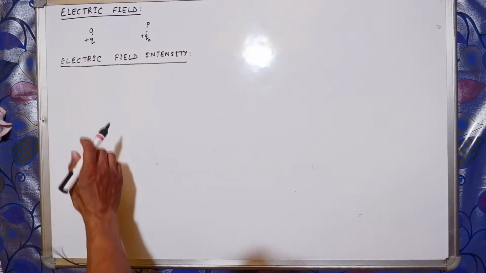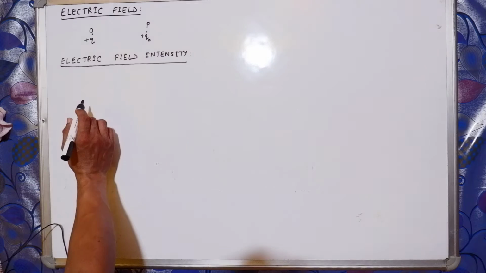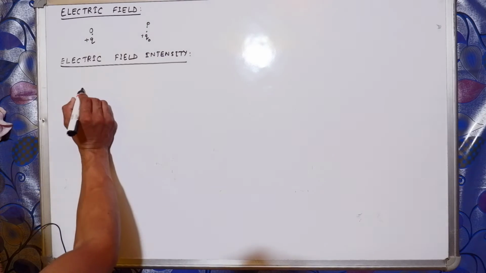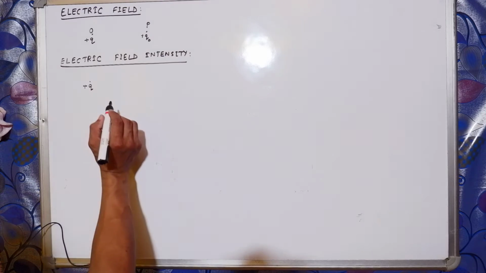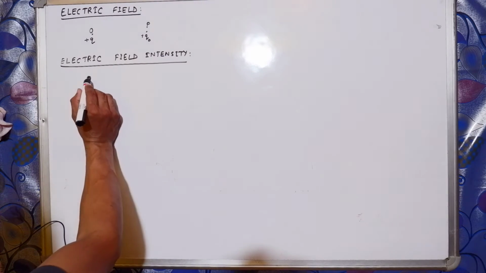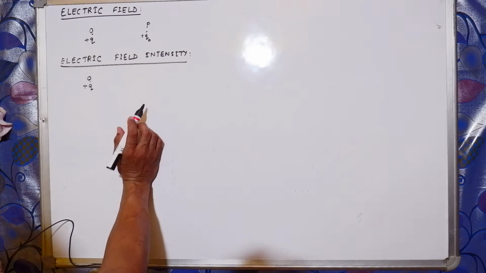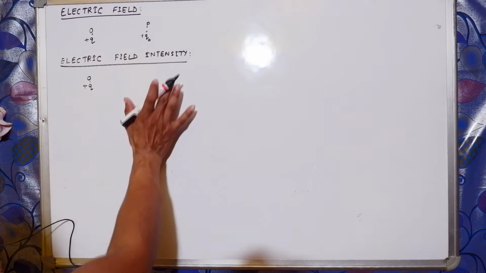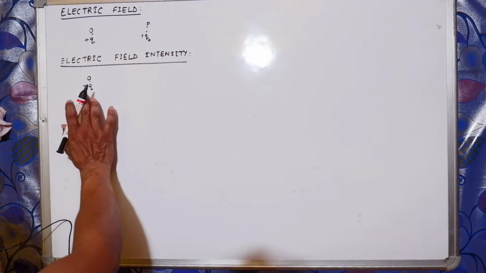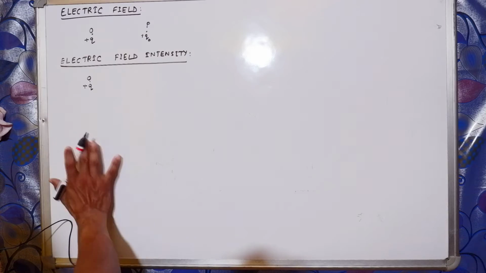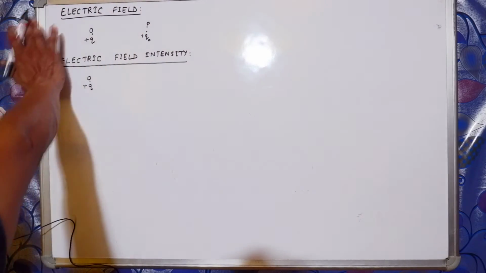Now let us consider a point charge plus Q located at point O in space. The charge plus Q sets up an electric field in the space surrounding it, so we have an electric field in this region around the charge.